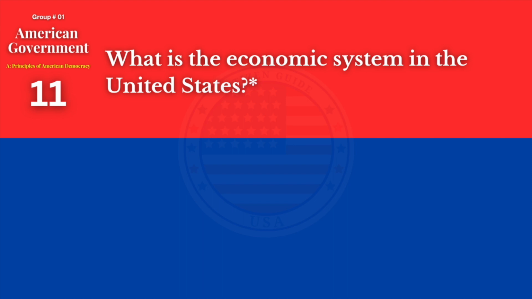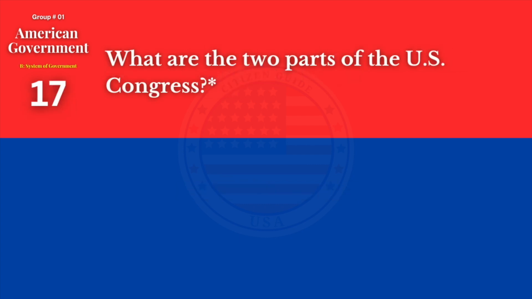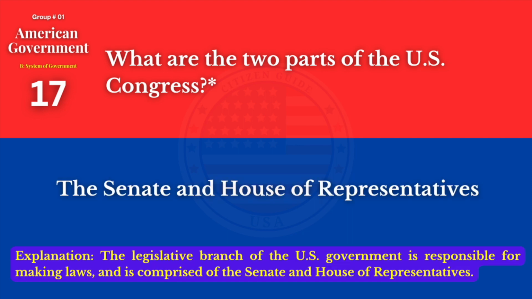What is the economic system in the United States? Market economy. What are the 2 parts of the U.S. Congress? The Senate and House of Representatives.